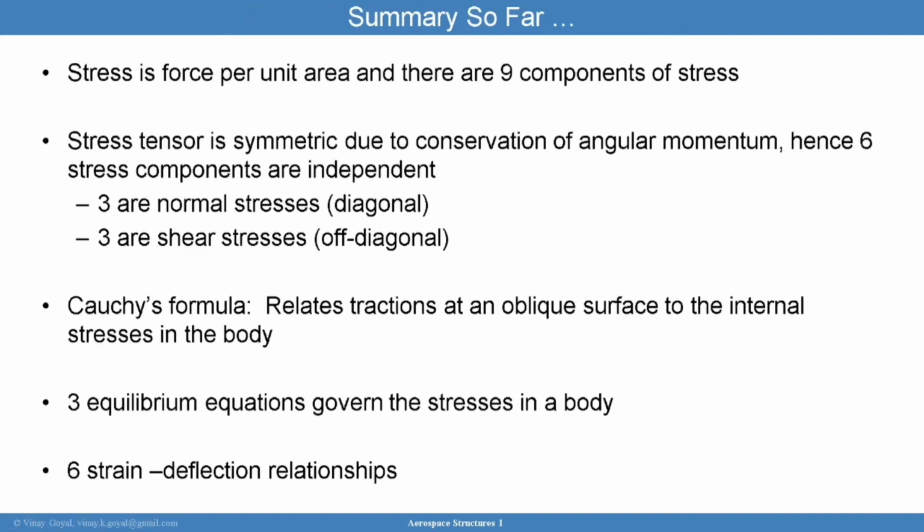And we need to somehow relate stresses to strain to be able to proceed with solving for these stresses that are really reacting the external loads being applied. And those stresses are going to help us determine whether structural failure could happen.